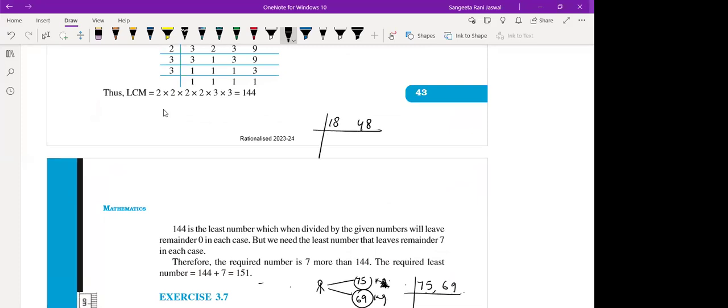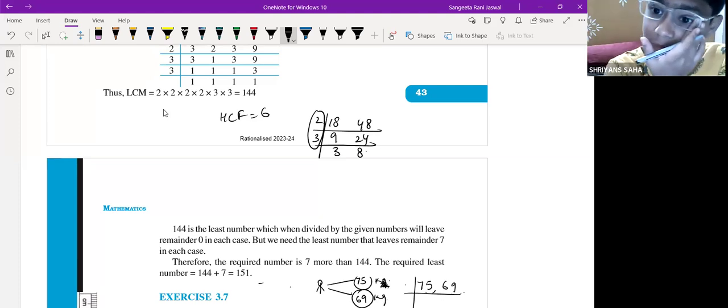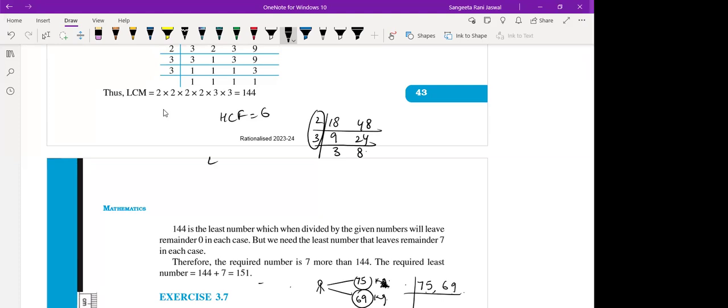Now we did two nines and two 24, then we had 3, 3 and 8. Now the HCF, you said, was 6, right? HCF is only the product of the common factors. But when we are finding the LCM, the least common multiple: common multiples are infinite, right?